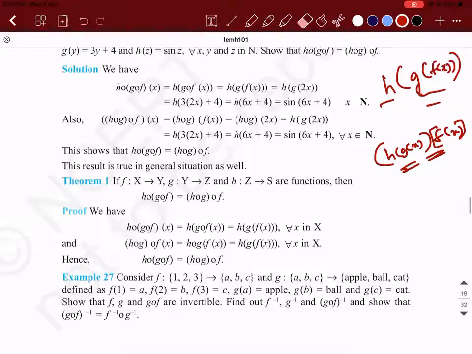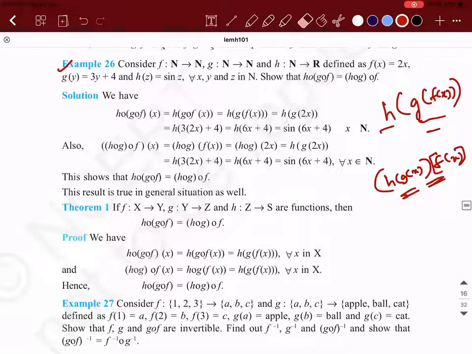I asked you to solve the 26th problem. Once it is over, try the next one, guys.